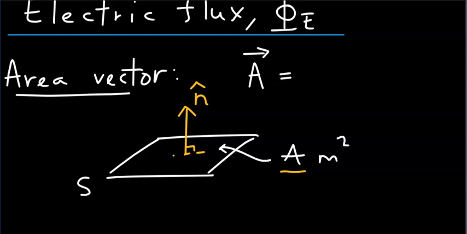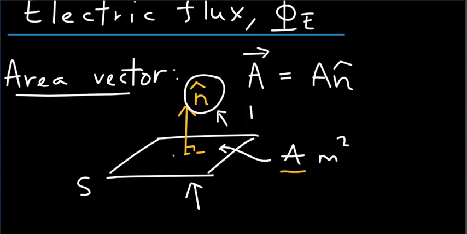So we can write the area vector for this particular surface in the following manner: the magnitude and the direction, n hat. So this is the normal vector to the surface. A normal unit vector, that is, a vector that is perpendicular to the surface with magnitude 1.